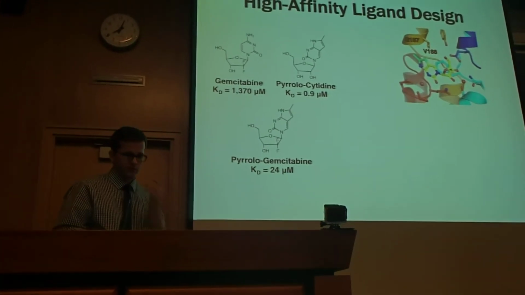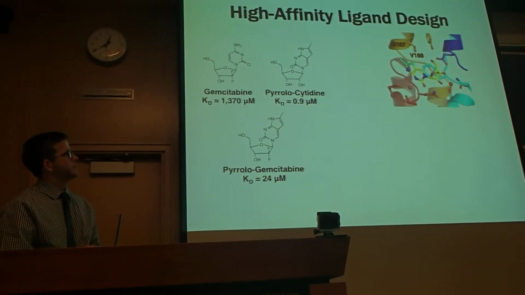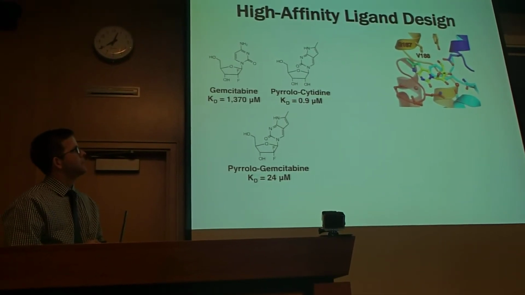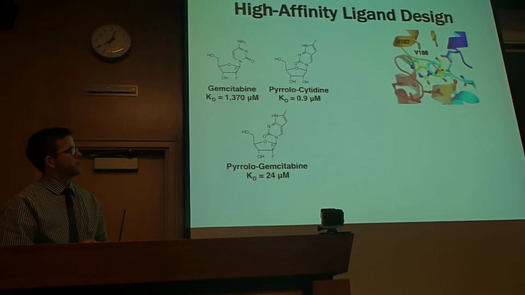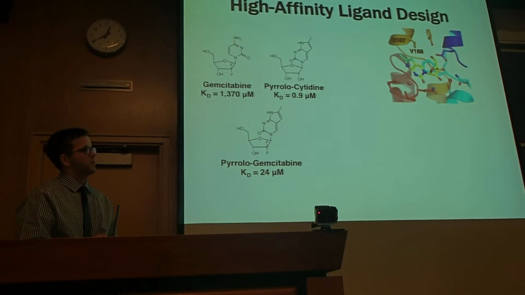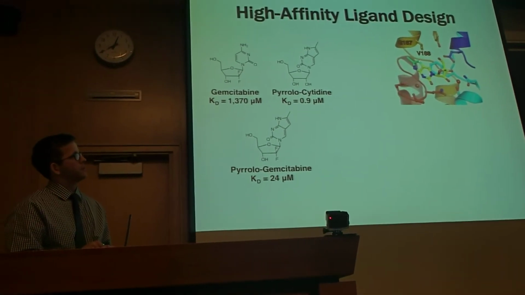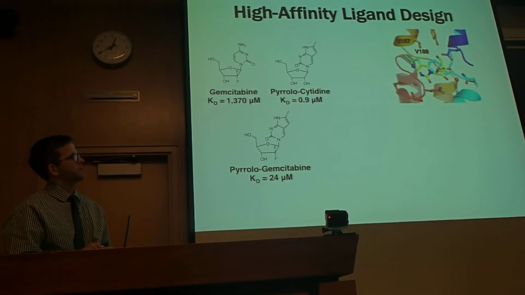So we wanted to see structurally why this was happening. So we solved the crystal structure of VCCNT bound to pyrrolocytidine, and you see that structure up here in this figure. It adopts a similar binding mode as all the other nucleosides, and the additional carbons that form the methylpyrrole group are shown here in green.